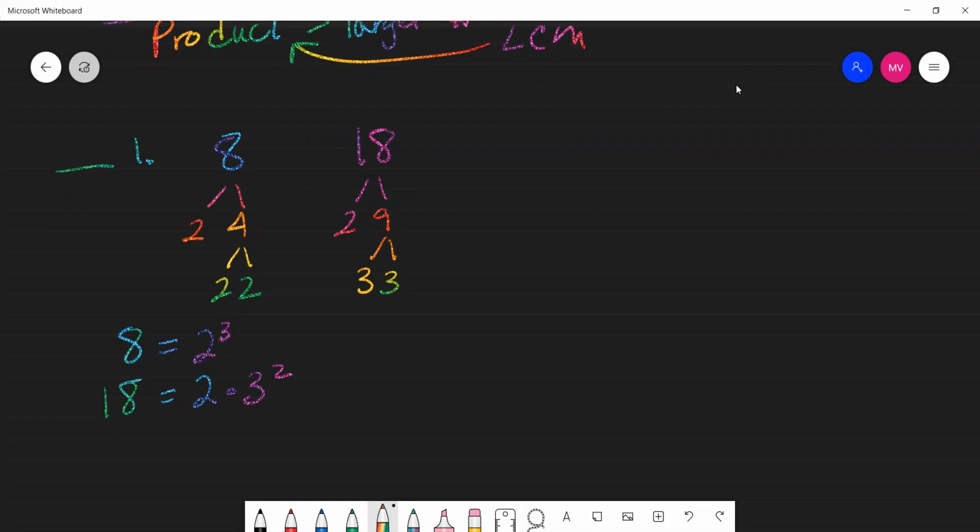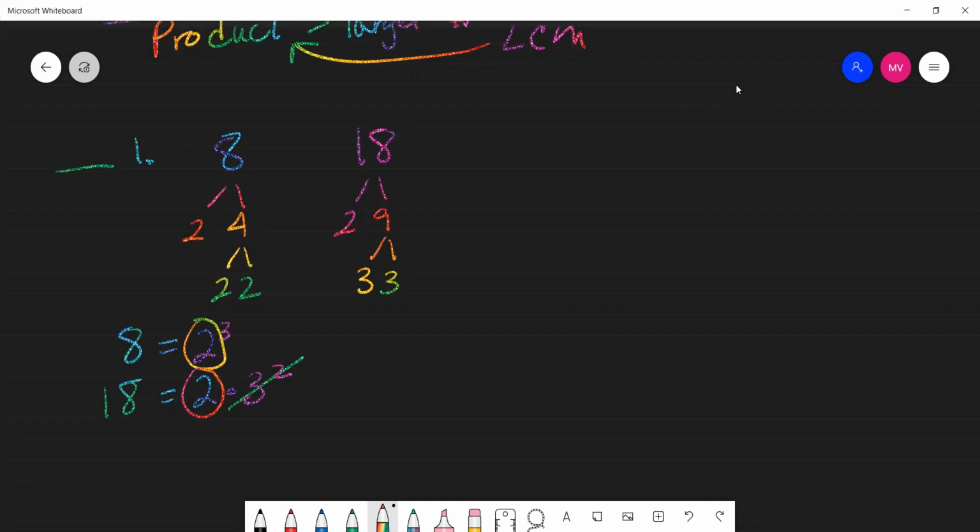Now, when you look at this, you must find the greatest combination of prime numbers that are part of the prime factorization of both 8 and 18. In this case, we see that there is a 2 in both. We also can see that there's not a 3, so we can just eliminate the 3 squared because that doesn't exist in the prime factorization of 8, so it cannot be included in the greatest common factor.